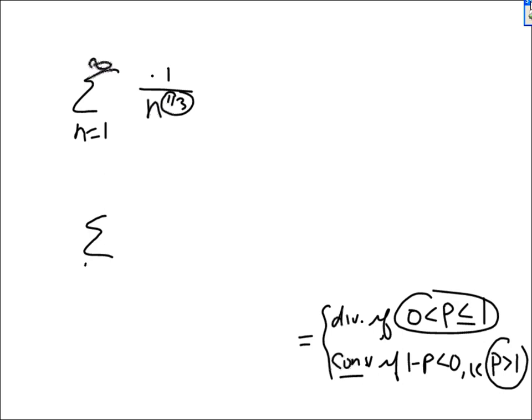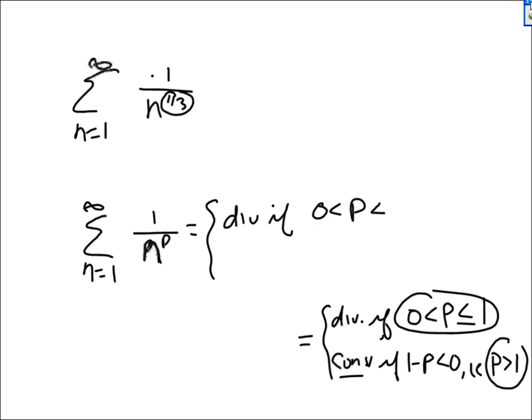Remember, the summation as n goes from 1 to infinity of 1 over n to the p diverges if p is between 0 and 1, and it converges if p is bigger than 1.